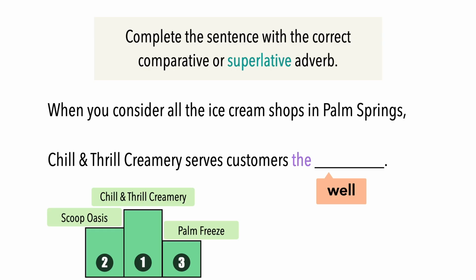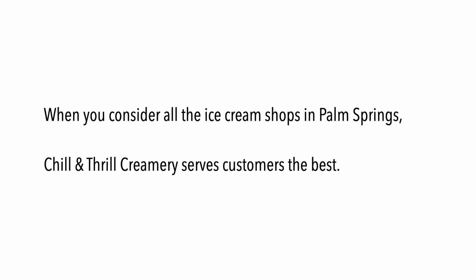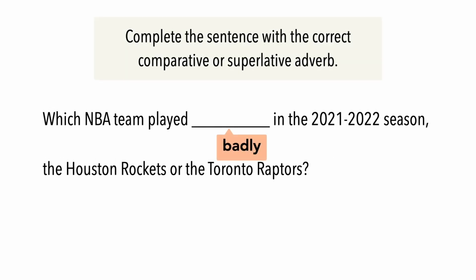Since we can assume there are more than 2 ice cream shops in a city, it's safe to say we're comparing more than 2 things here. So in this case, we should use the superlative form of well. Our answer is best. When you consider all the ice cream shops in Palm Springs, Chill and Thrill Creamery serves customers the best. Let's take a look at one more sentence.